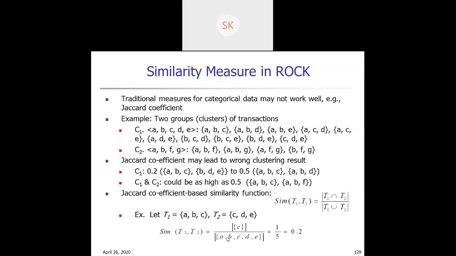T1 union T2 will be ABCD, and with 5 elements, 1 by 5. The result will be 0.2. So this is the Jaccard coefficient based similarity function.